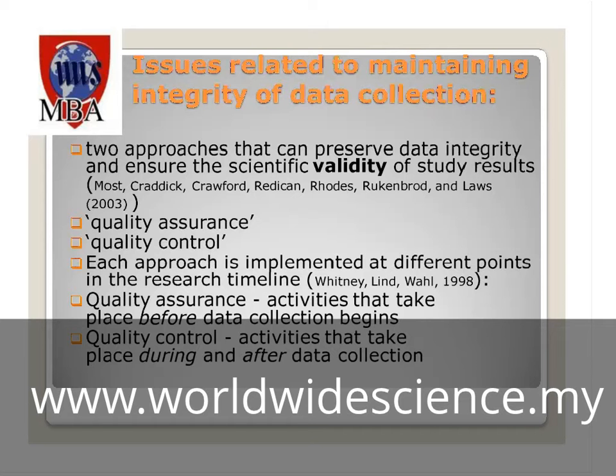Each approach is implemented at different points in the research timeline. So quality assurance is activities that take place before data collection begins, and quality control is activities that take place during and after data collection. So if you have these two approaches right, it means that you come up to the validity of your research.